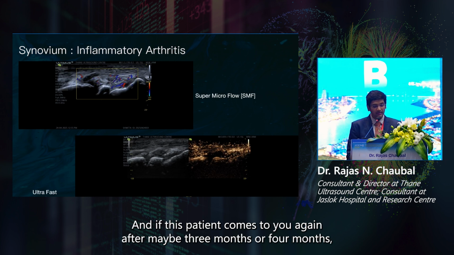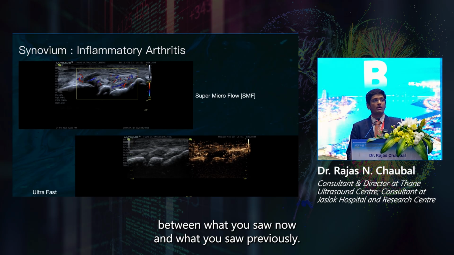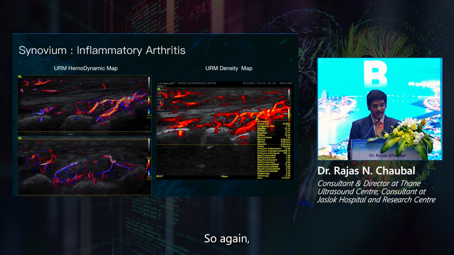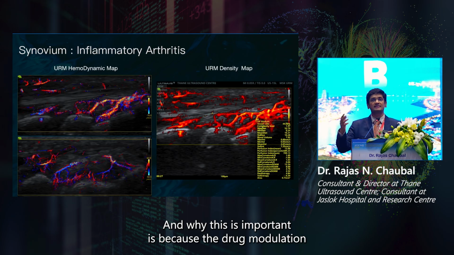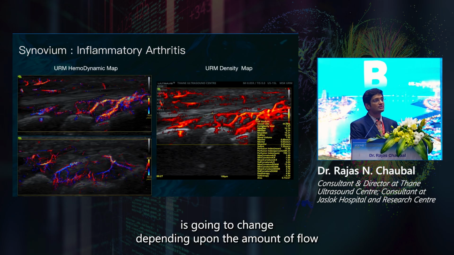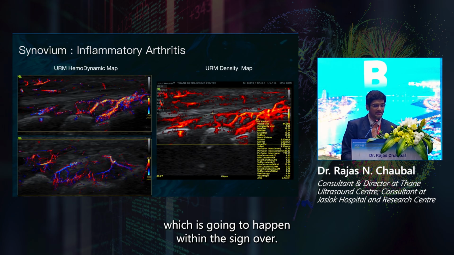And if this patient comes to you again after maybe 3 months or 4 months, you can't really differentiate between what you saw now and what you saw previously. Right? So again, if you analyze these parameters over here, you can use these for follow-up. And why this is important is because their drug modulation is going to change depending upon the amount of flow which is going to happen within the synovium.